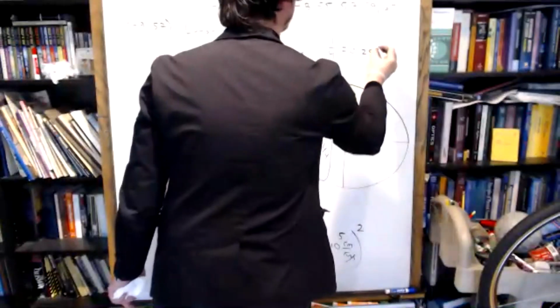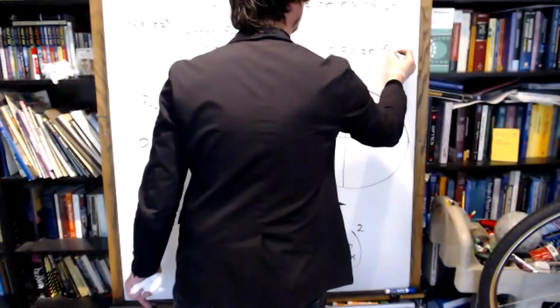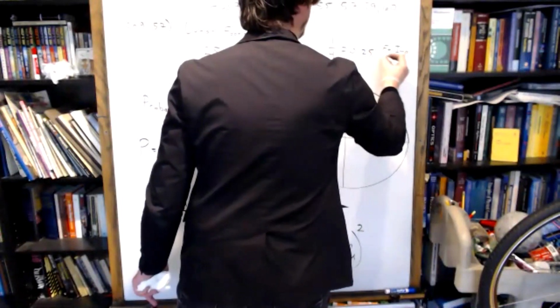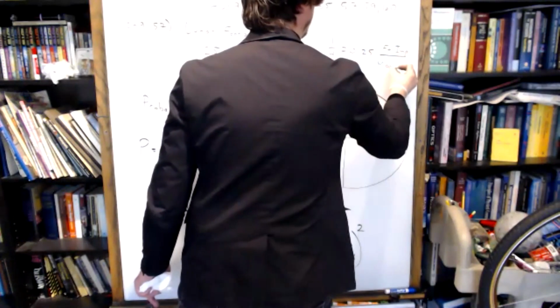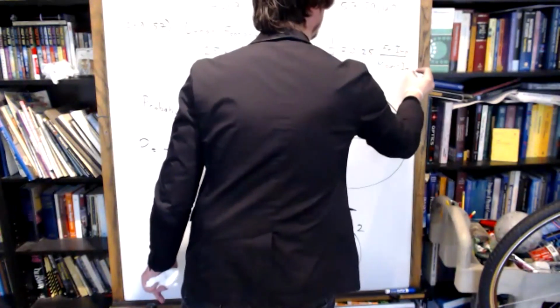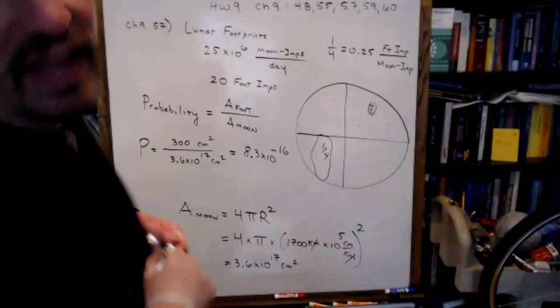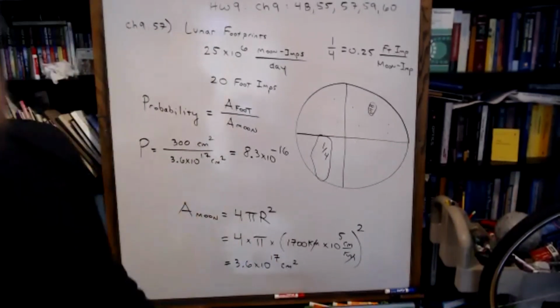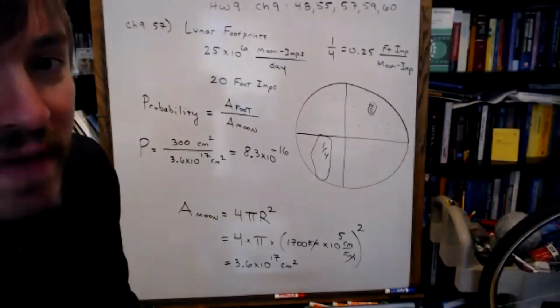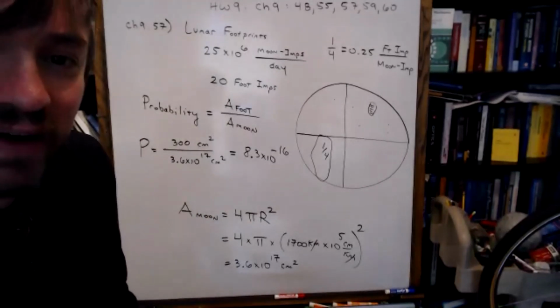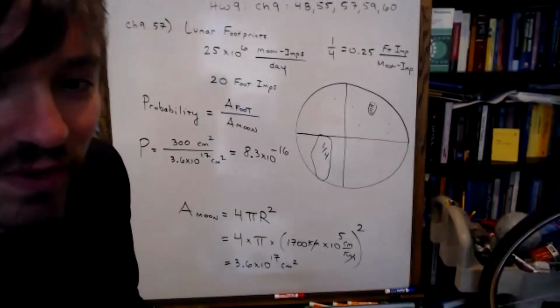Or we could say it's 25% chance of getting a foot impact over a moon impact. Now, both foot imps and moon imps are dum-dum units. They're not real units. They're not measuring anything. And since they're both impacts, they can kind of cancel each other out. So we haven't violated any rules.